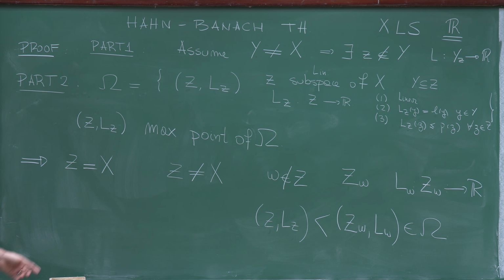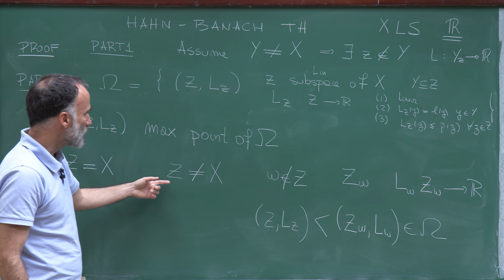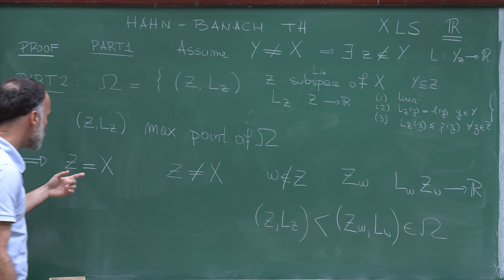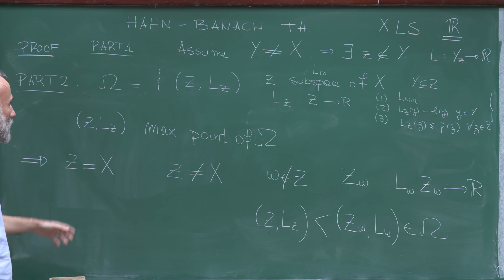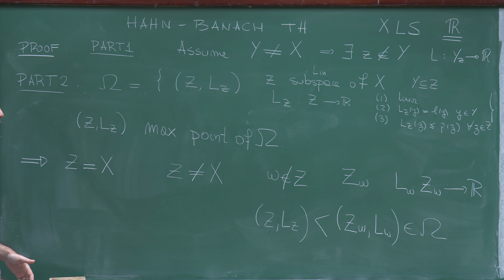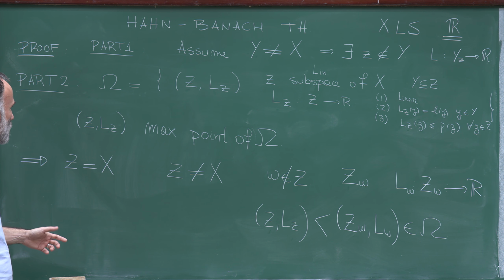So we get a contradiction if Z is not equal to X, and that proves that Z is equal to X, and if Z is equal to X, we completed the proof of the theorem because this is exactly what we wanted.